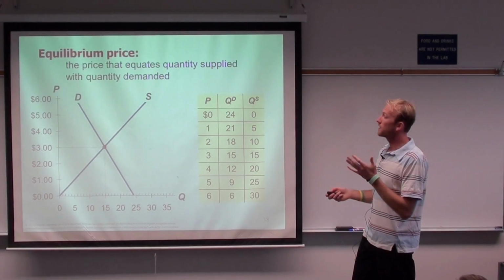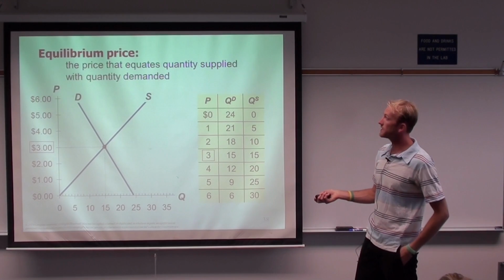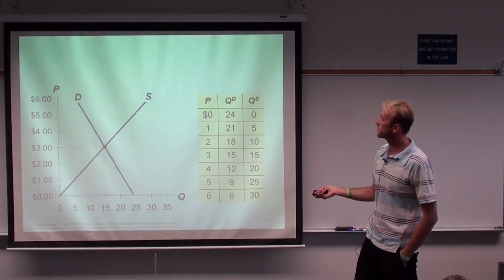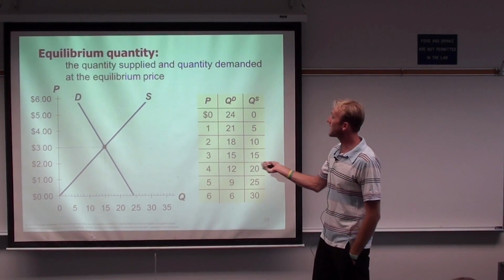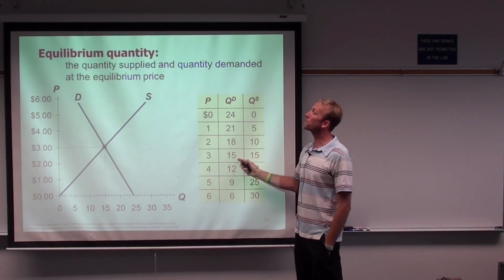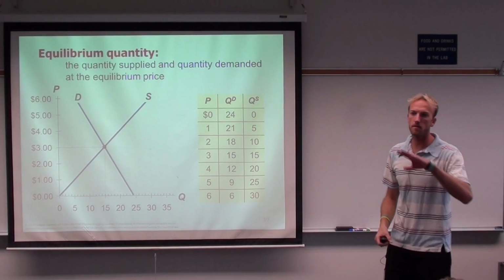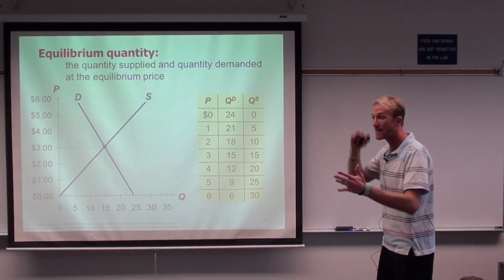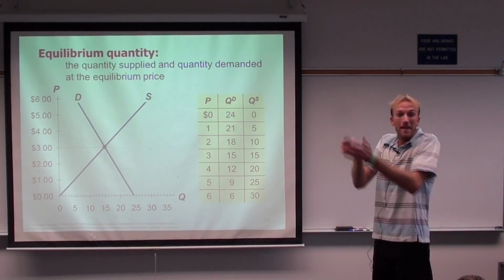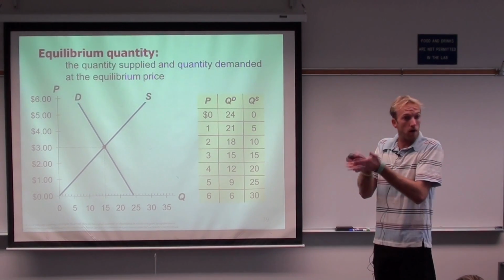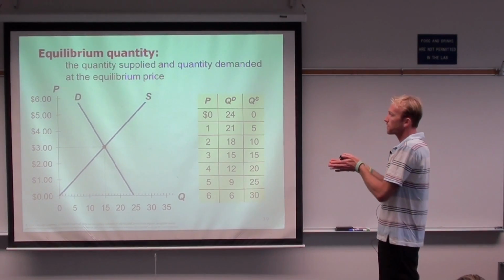And then, of course, the quantity that is both supplied and demanded at that price is called the equilibrium quantity. Okay? Remember, it's both the quantity demanded and the quantity supplied, because only at the equilibrium price are those two quantities equal. Okay?